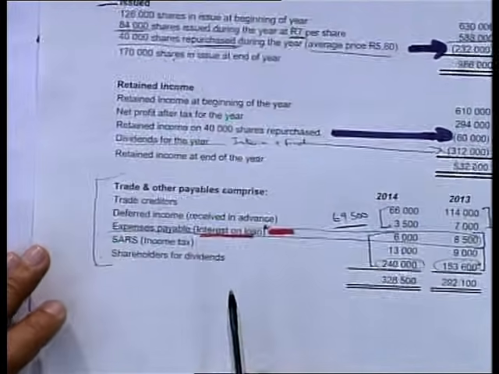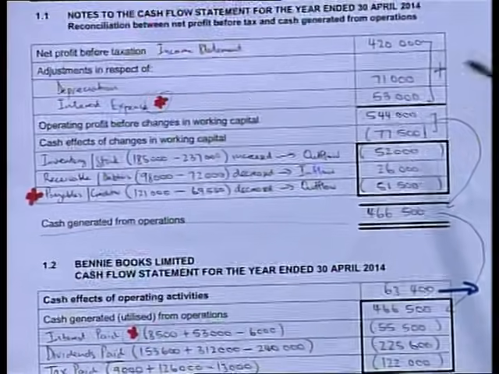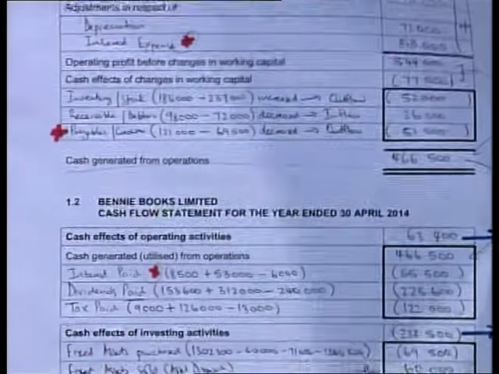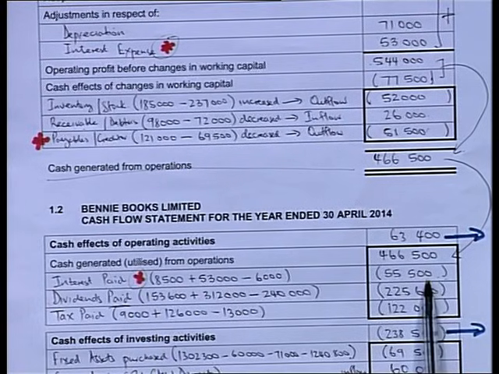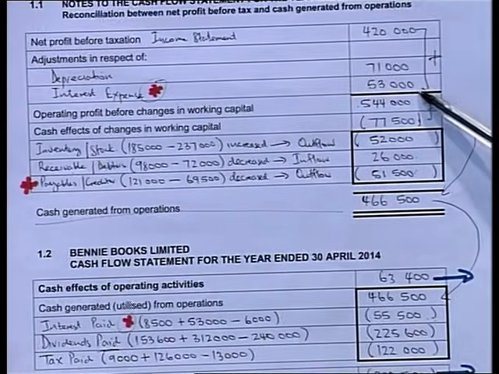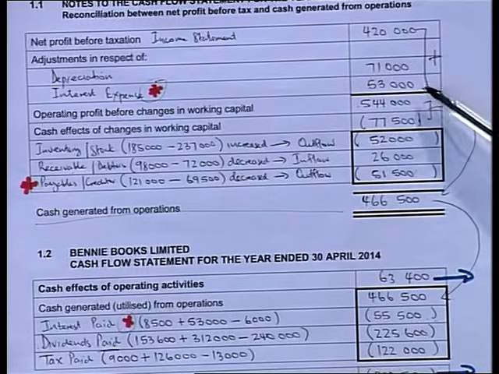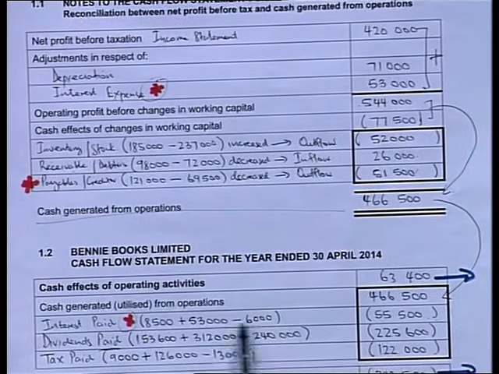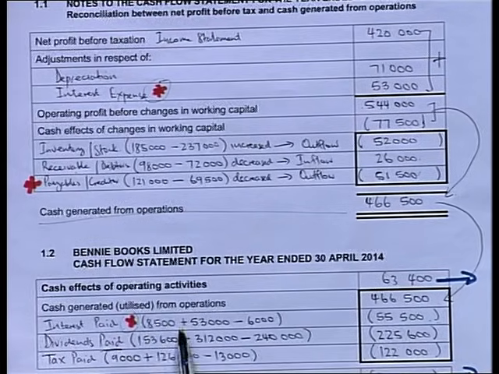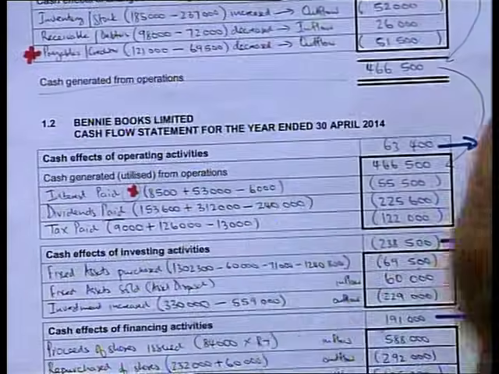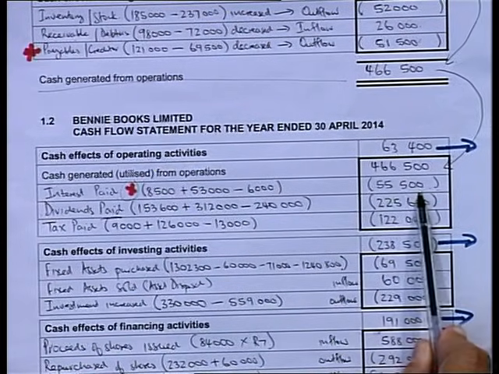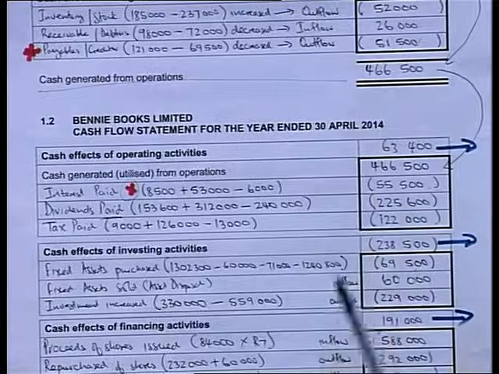Because of that, the interest expense figure in the note and the interest paid figure in the cash flow will not be the same. The interest expense figure you get from the income statement, which is 53,000. But the interest expense figure will now have to take those amounts that appear under the payables into account. That's why it's 8,500 plus the interest expense minus the 6,000. So you'll get 55,500 and it has to go in brackets.